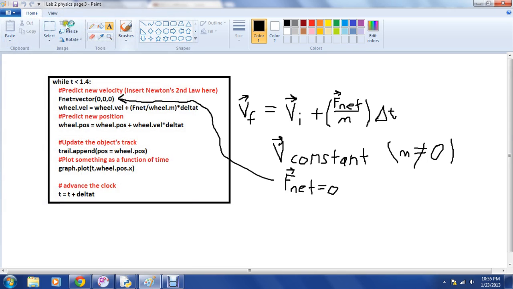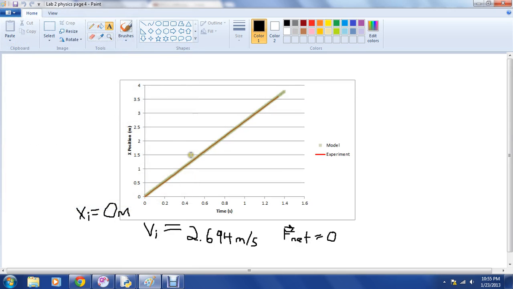This information was posted into a plot. The best way to compare the experimental data and the data from the model was to place them into the same plot. As you can see, the somewhat transparent green squares are data from the model, and the red line represents data from the experiment.